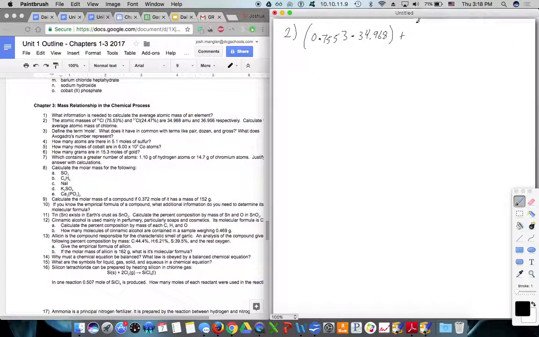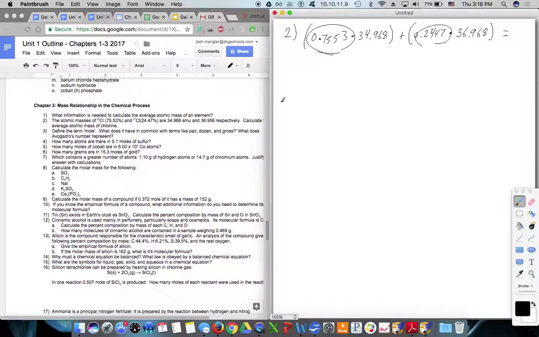We're going to add that then to the other one, 0.2447 times 36.968. That's going to get us our average atomic mass, and this is the method that you use when you're dealing with anything that has percent abundances.